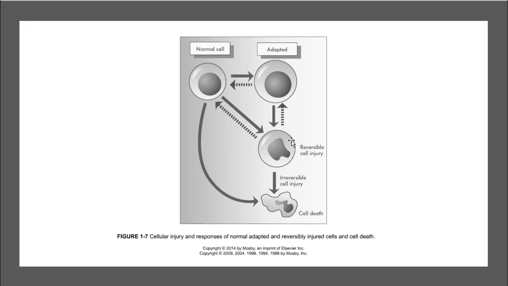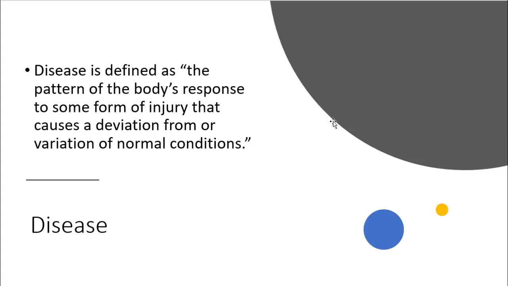And so it can adapt again with cell injury and go back to a normal cell, or it can go to cell injury and it can cause cell death. So the problem is when we have some kind of cell injury, so if it's from radiation or chemicals or whatever it is, and it adapts but changes the DNA, that's where we're getting our cancers and abnormal growths from. All right, so let's get into it.